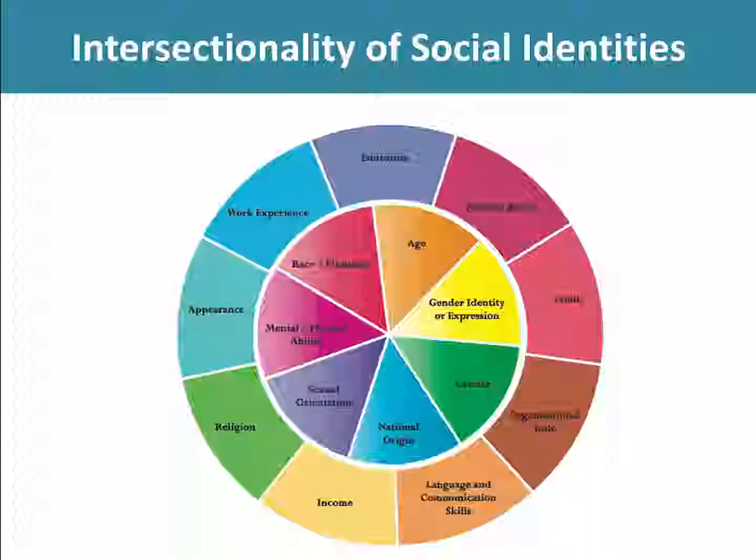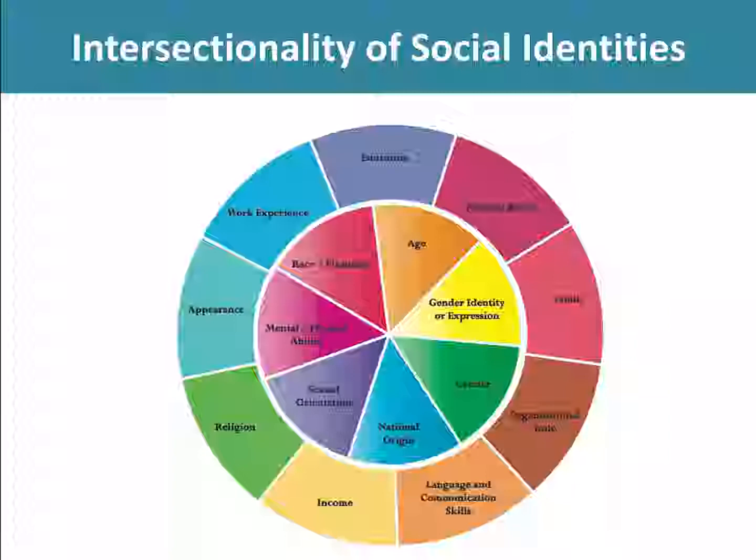Now, what's most important about social identities is that they intersect. We usually have more than one social identity that is important to us. If you look at the inner circle, we'll see age, race, ethnicity, mental and physical ability, sexual orientation, national origin. And on the outer circle, you can see education, political beliefs, family, income, religion.